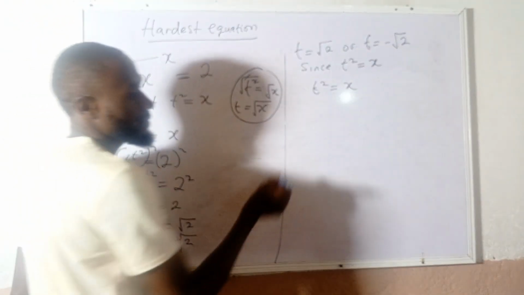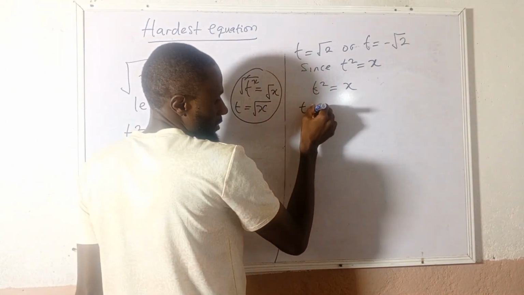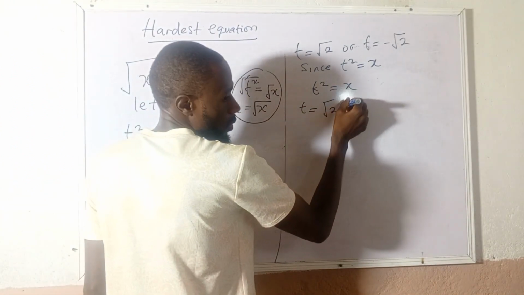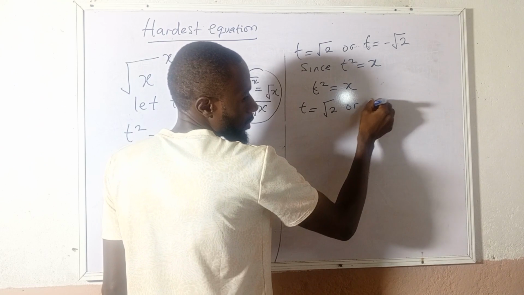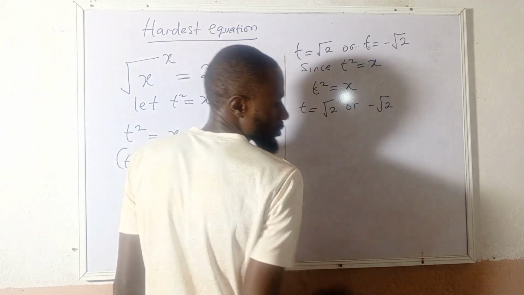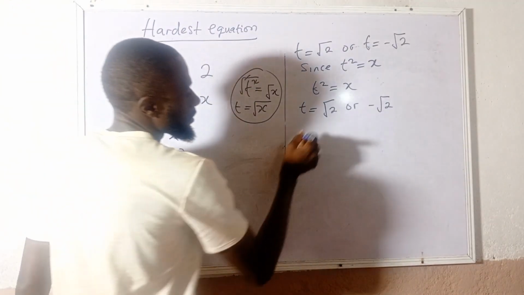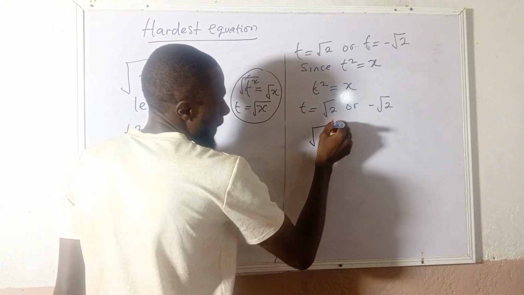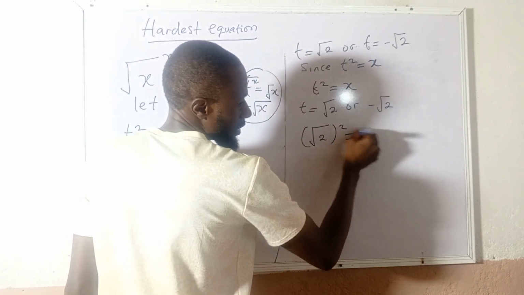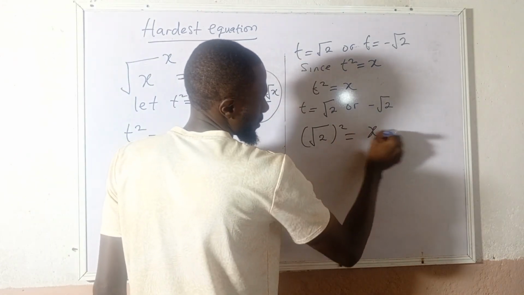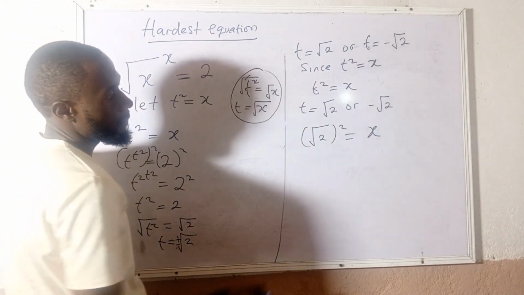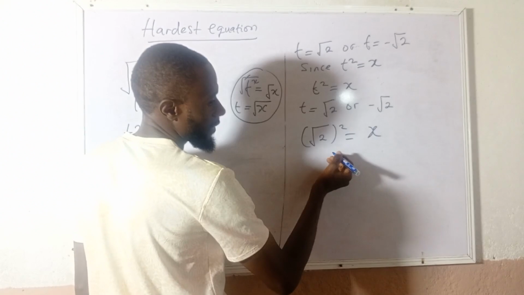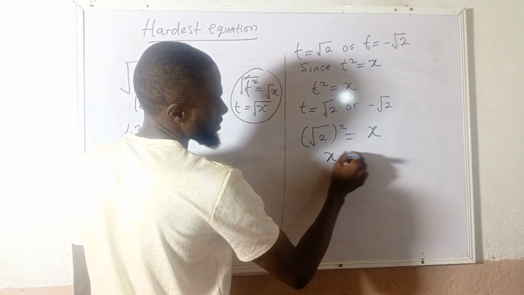Therefore, we can say here we have t is equal to root 2 or minus root 2. Therefore, we have root 2 squared is equal to x. By taking the square root of both sides, here you can have x is equal to 2.